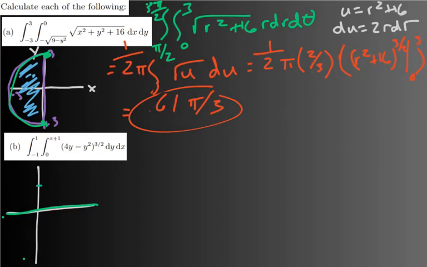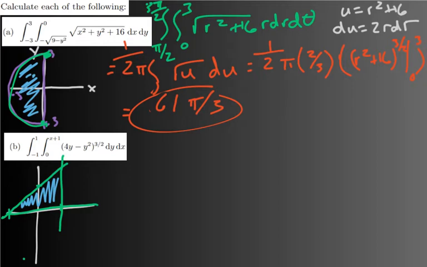So let's say that's 1, 1, 1, okay. It's going to go like that. And then I go from -1 to 1 in x. So I get another cutoff right there. So the region on this one is this triangle right here.